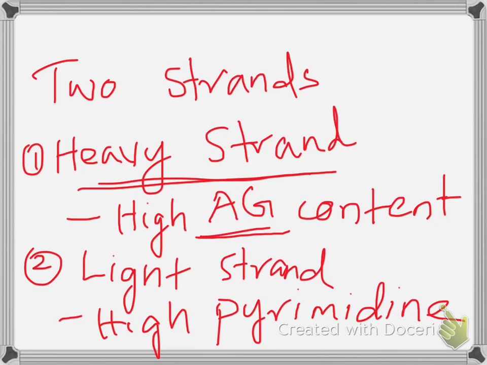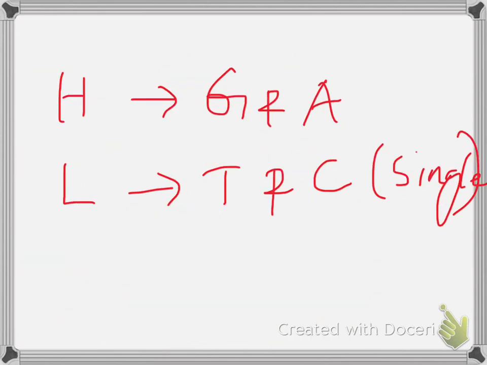Similarly, the light strand contains high pyrimidine content. Pyrimidines are single ringed structures, so it is the light strand. So in the heavy strand, purine content is high and pyrimidine content is less. In the light strand, pyrimidine content is high and purine content is less, so more thymine and cytosine are present.